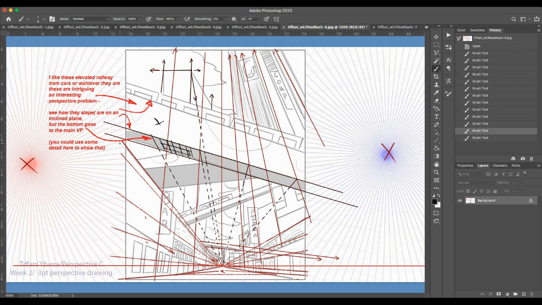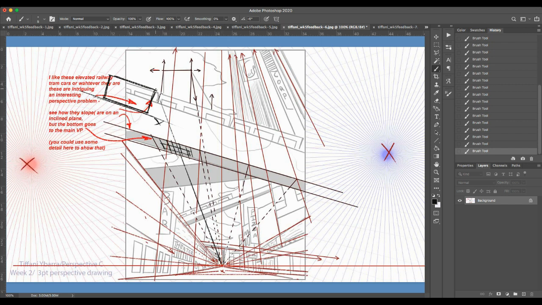I mean, they're a great feature. It'd be great to develop them. For example, if you got in there and drew the rest of the tram, you would have a box that was like that. It's on an incline. Okay, and then of course the ends of it would do something like that. And then would it actually vanish? I don't think so. It wouldn't really.